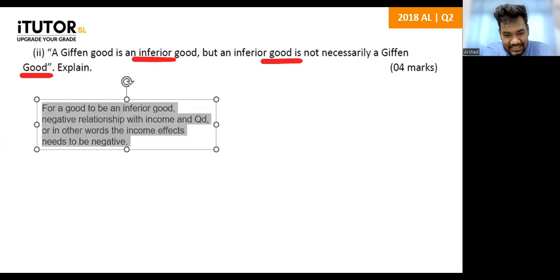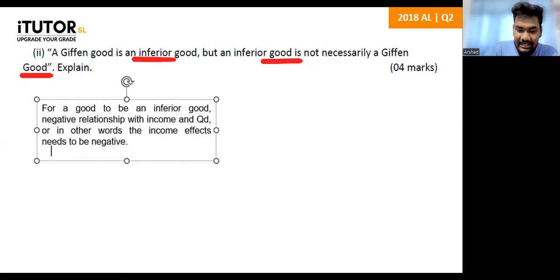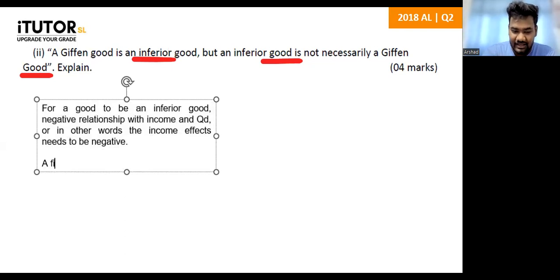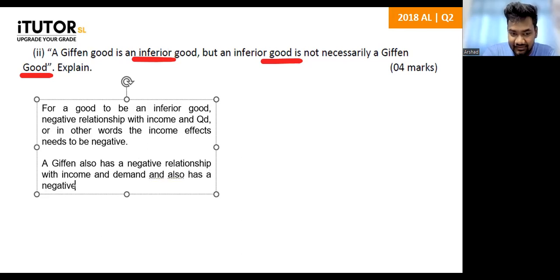Then you can say a Giffen good also has a negative relationship with income and demand, and also has a negative income effect. So what is the condition for a good to become an inferior good?